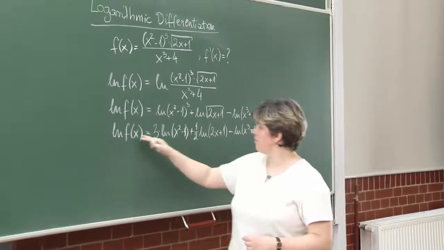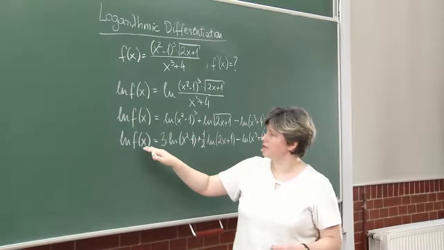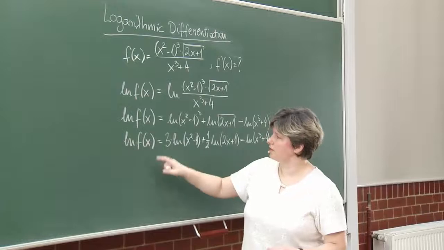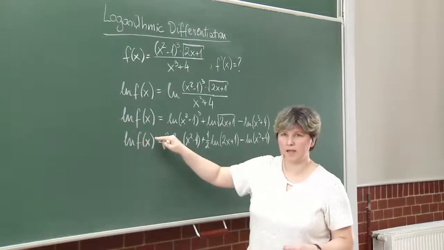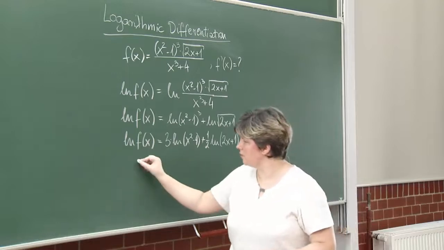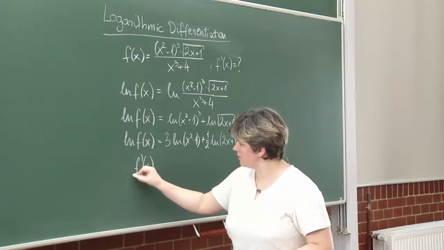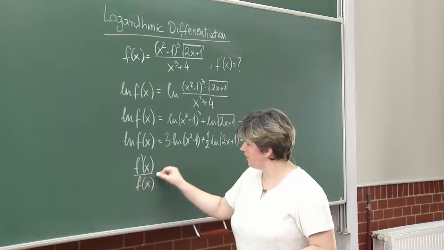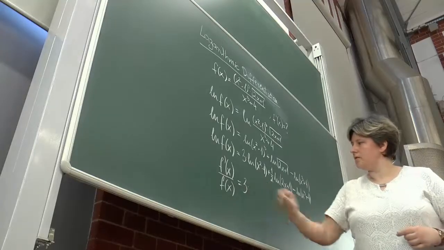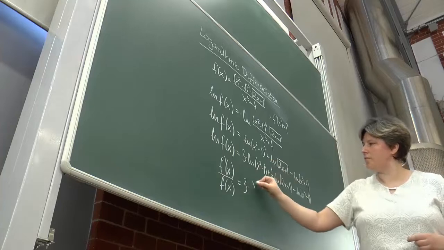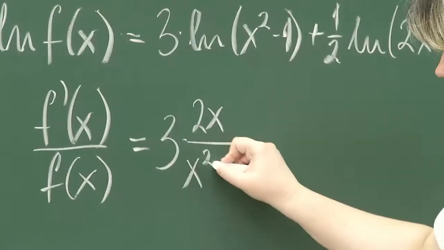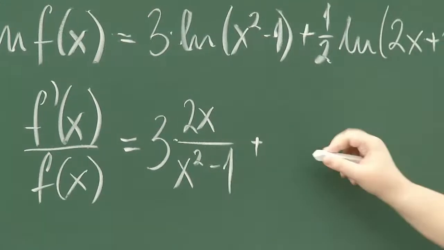We take the derivative of both sides, and in each term here we have a natural log, so the chain rule tells us that the derivative of a natural log function is going to be the derivative of the inside divided by the expression in the natural log. So we have f prime of x divided by f of x equals the same rule applied to each of those expressions. 3 times the derivative of the inner part, which is 2x, divided by the inner part, plus 1/2 stays.